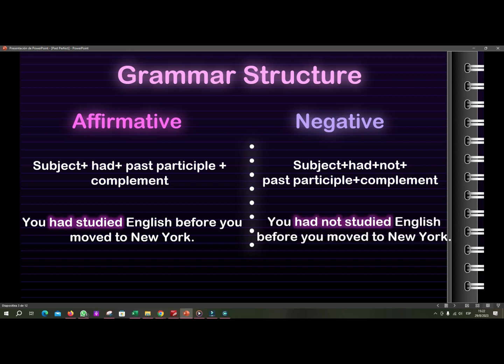For example, you had not studied English before you moved to New York. Again, here you have the subject, that is you, then had, then the word not, plus the past participle of the main verb. That will be the negative structure of past perfect.